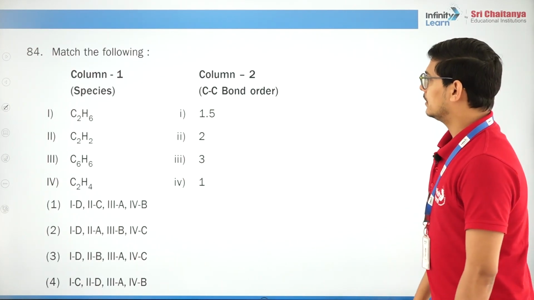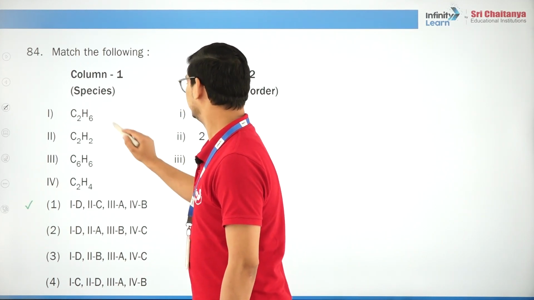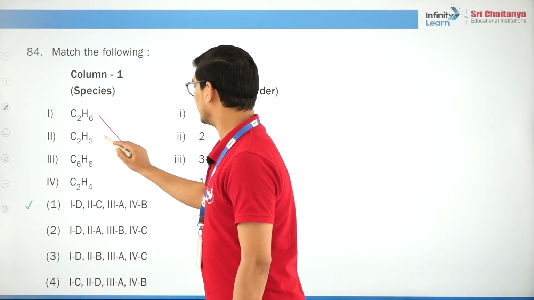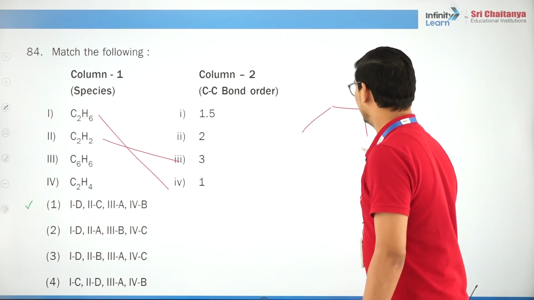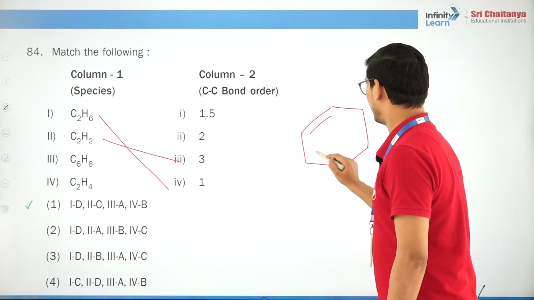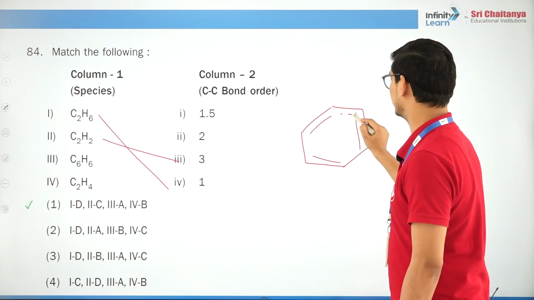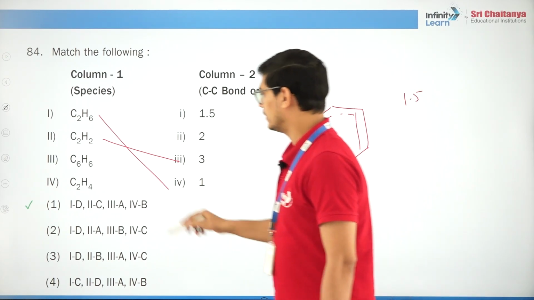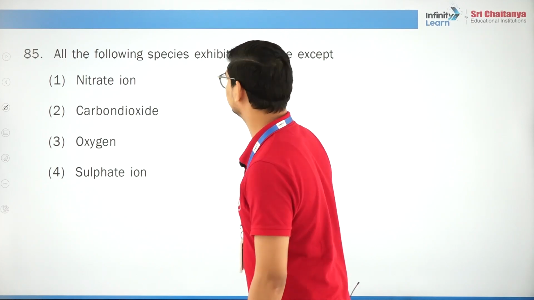Then you have to match with the bond order. Ethane has single bonds, right? Ethyne has a triple bond, and benzene, because of the resonance, again the bond properties are averaged. So there are basically 1.5 bonds, right, because of resonance. So ethene, it's a double bond, right? Clear? So you get the correct answer.